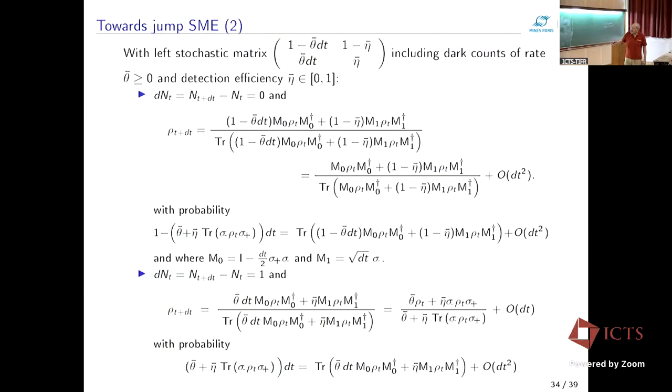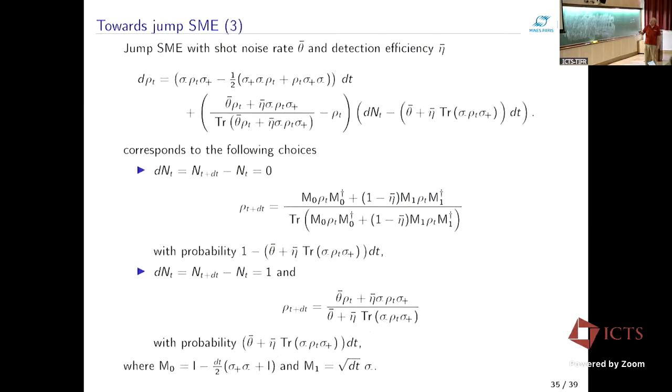And in this case, you have the probability something like this, plus higher order terms. And if you detect a click, you take this part here, which gives you this. And the probability is something where the sum, up to higher order terms, is 1. And if you write down, as usual with a Poisson process, what you obtain, you have to change here. Instead of having, when theta bar is equal to 0 and eta is 1, you recover the previous formulation.